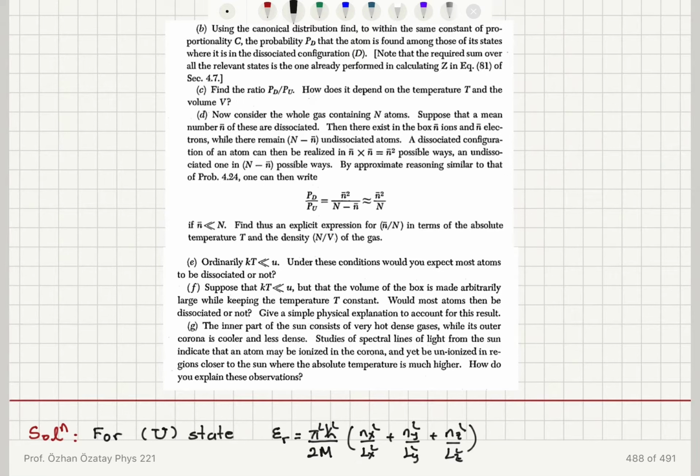Now, the probability of being in quantum state r, according to the canonical distribution, is some constant C times exponential of minus beta epsilon_r, where beta is 1 over Boltzmann constant times the absolute temperature T of the system, and the system was in equilibrium.